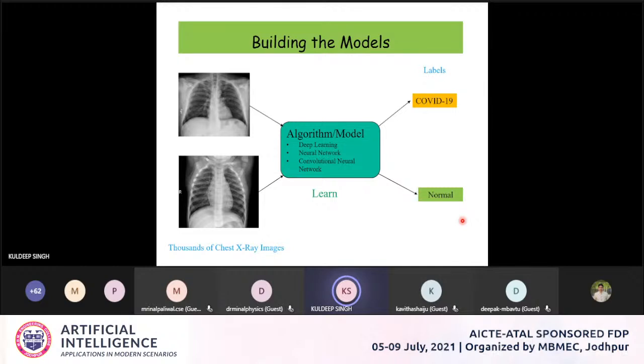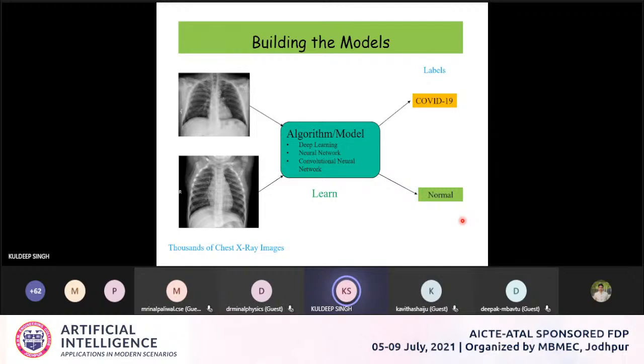So now our discussion reaches the training of the models or building the models. How do we train these models? We provide thousands of chest X-ray images of both the categories. Here we are taking only two classes, COVID-19 or normal. And these algorithm models learn from these examples.